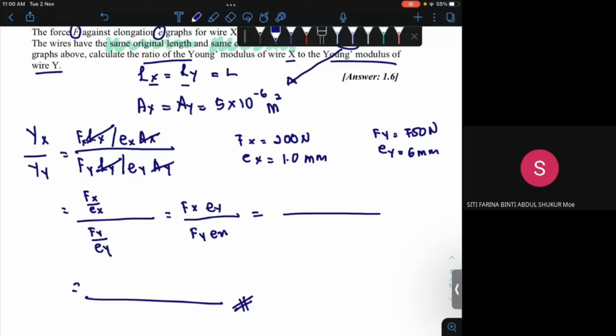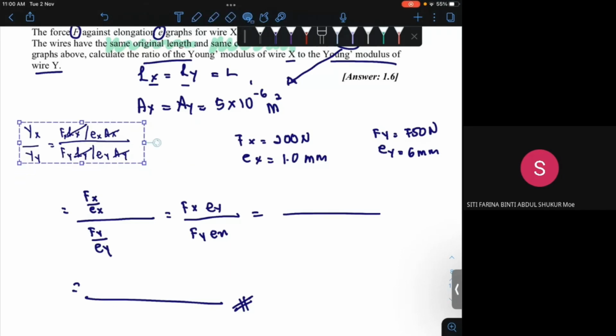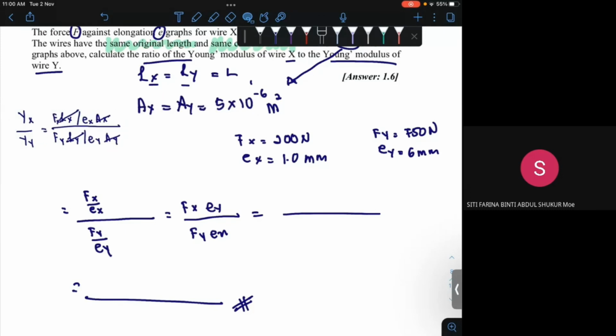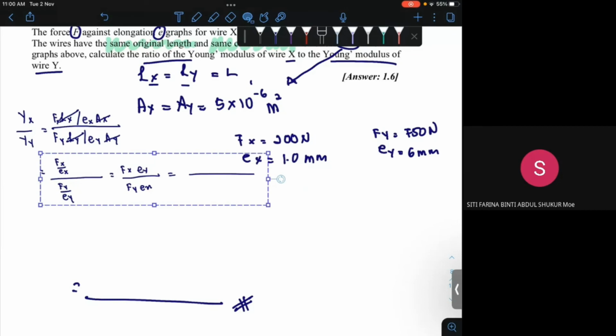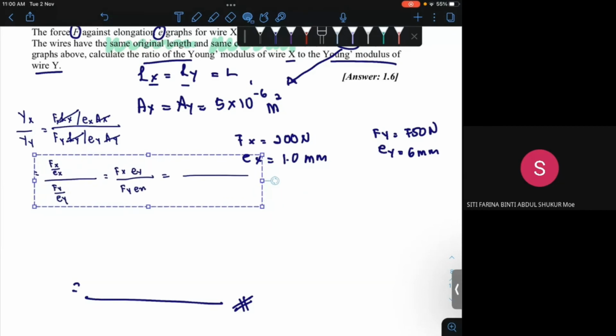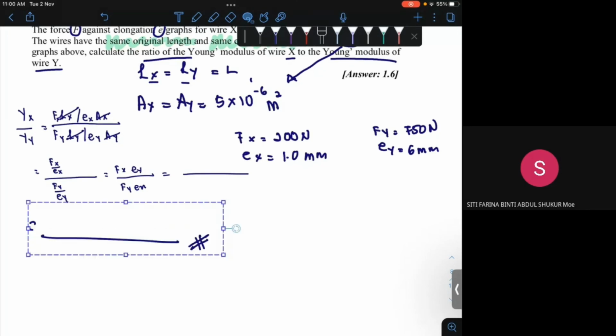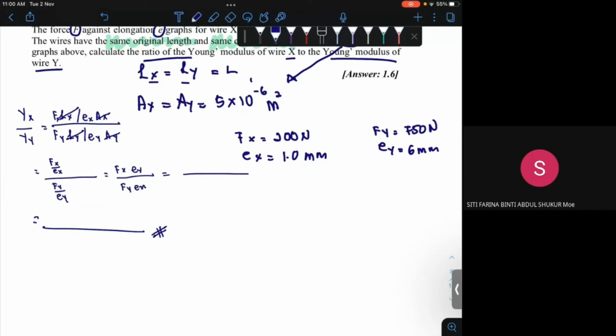Okey. Begitu juga kalau awak rasa susah nak buat begini, awak boleh buat satu-satu dulu. Cari yx berapa, cari yy berapa, baru masukkan dalam ratio punya calculation. Boleh buat satu-satu, tak ada masalah. Nak cari yx dulu berapa, fx, lx over ex, ax.